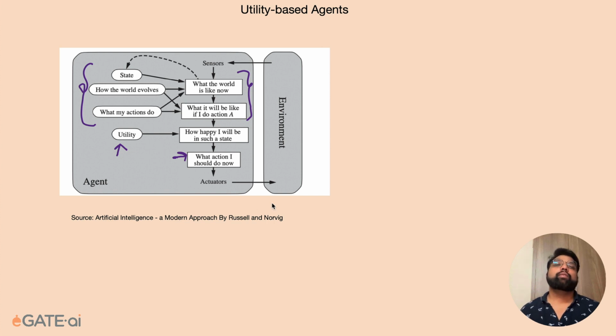As I was mentioning, the utility function is internal to the agent, and the performance measure is the external measure of the environment state. We can say that if both are in agreement, if the action the agent is taking at a time and the environmental state that was expected are in agreement, then this agent is behaving rationally based on the external performance measure.